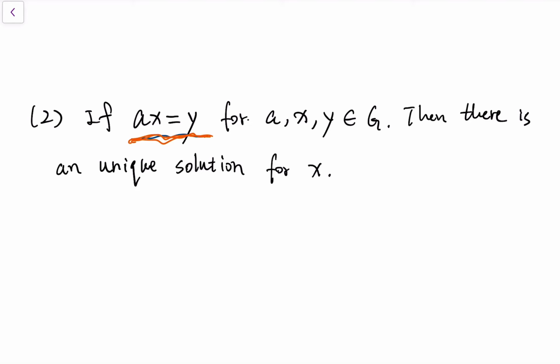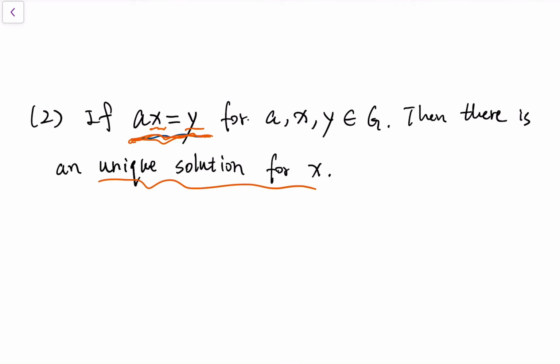If we consider x as the variable and y as a certain element in G, then similar to the real numbers, we can get a unique solution for x in this equation.